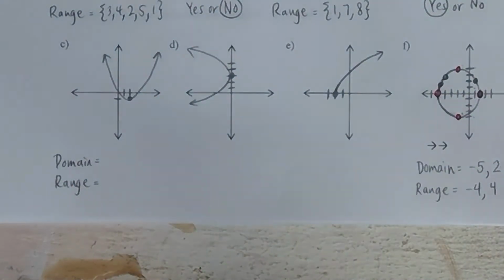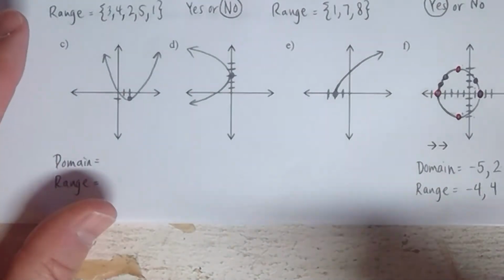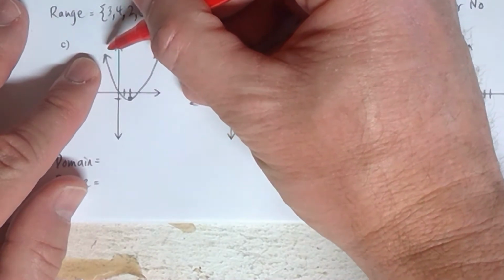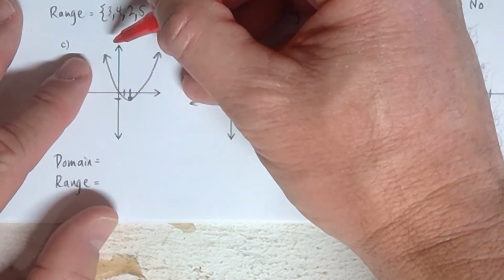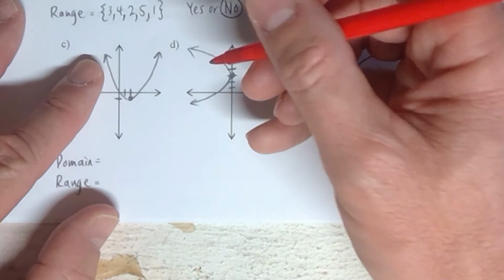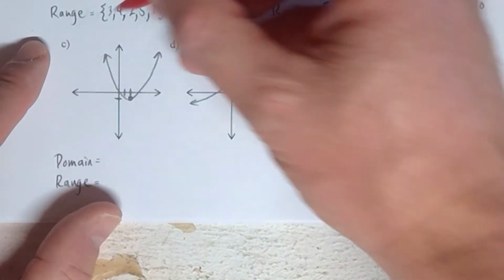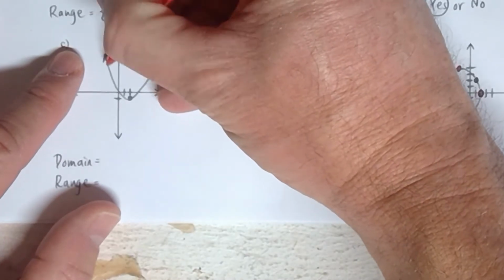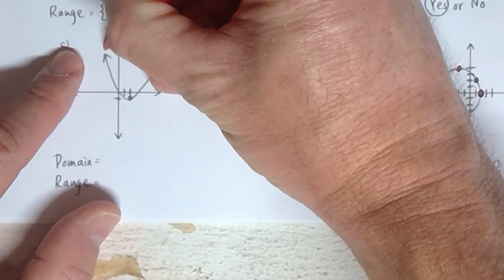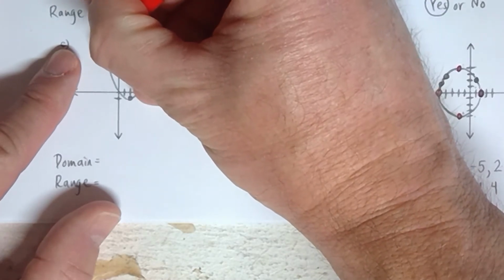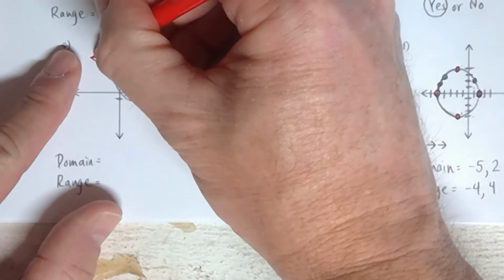When an arrow is diagonal, which again in the domain and range problems they always will be, that means that the graph is going forever, because arrows mean forever on a graph, but it's going forever in two different directions at the same time. Here's what I mean. When you're going diagonal this direction, that means that you're going forever upward and forever to the left at the same time.